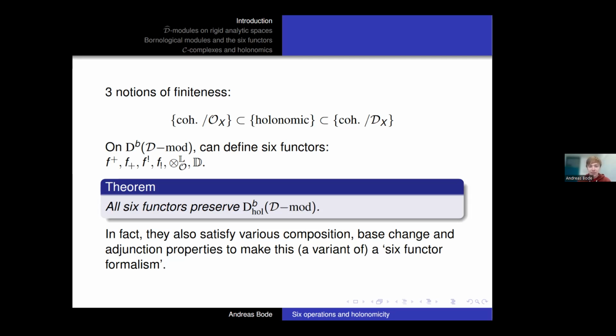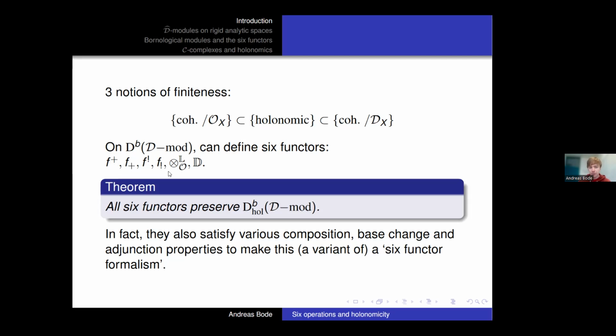Okay. The reason this holonomicity condition is interesting is that you can define 6 operations for D modules. There's an inverse image functor, there's a direct image functor, there's corresponding versions for compact support, if you will.